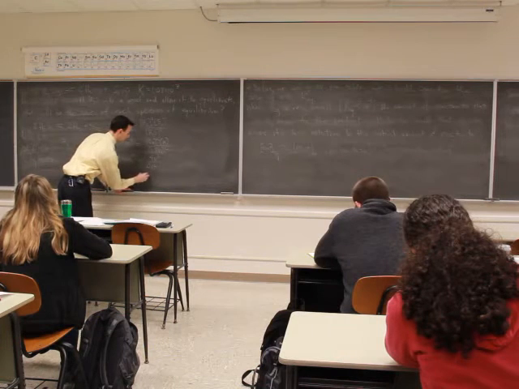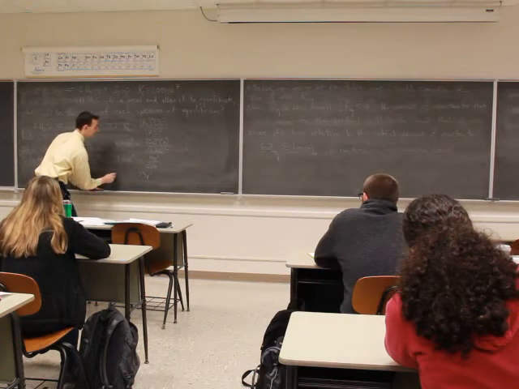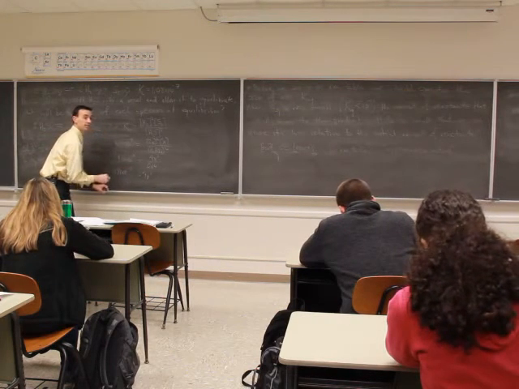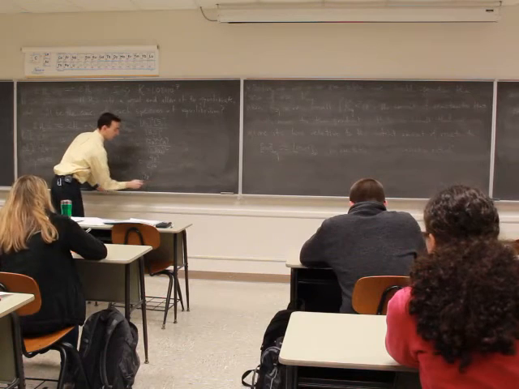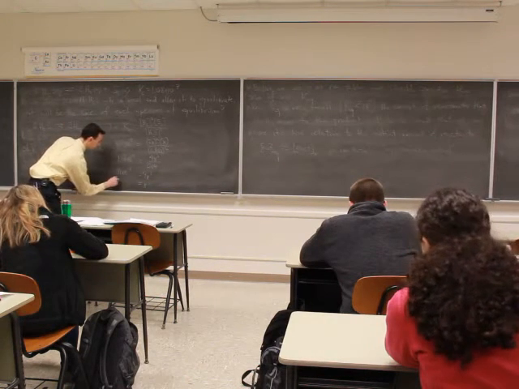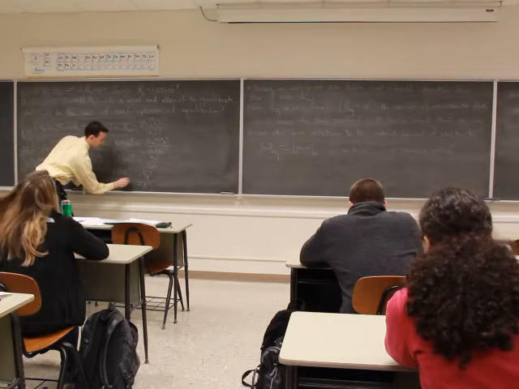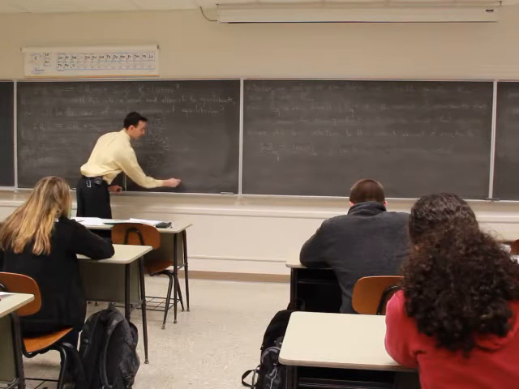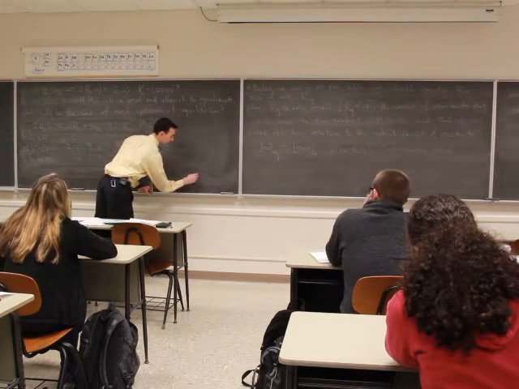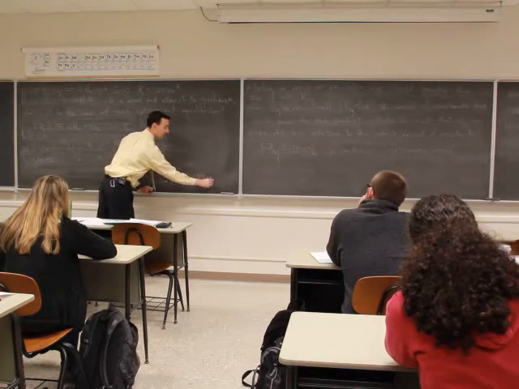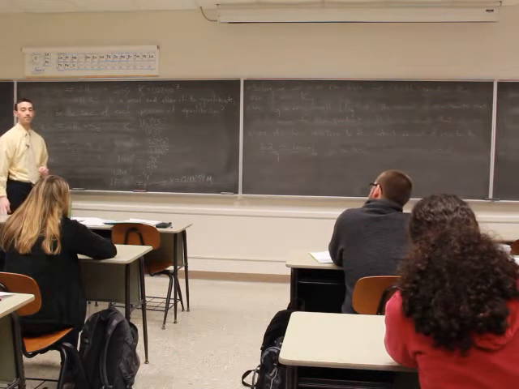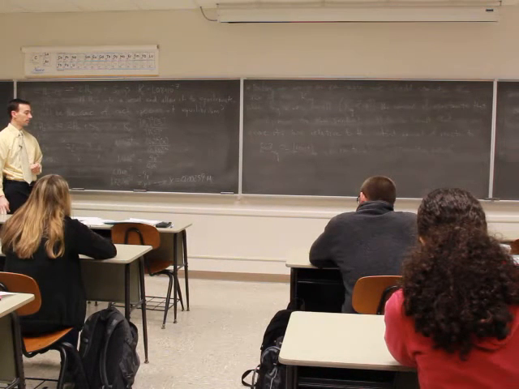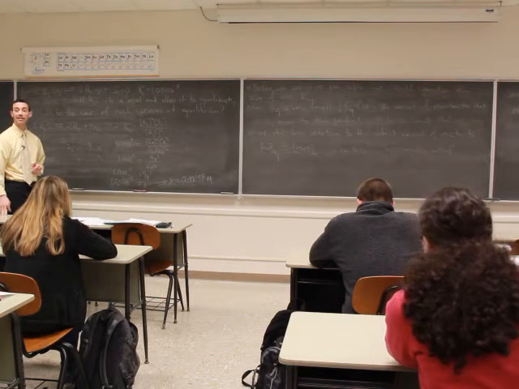This just becomes 4x cubed equals 6.91 times 10 to the minus 8. So we divide by 4. x cubed is 1.728 times 10 to the minus 8. And then we take the cube root. x is 0.00259 molar. A lot easier to solve, I think.